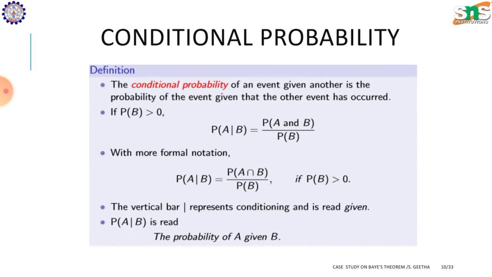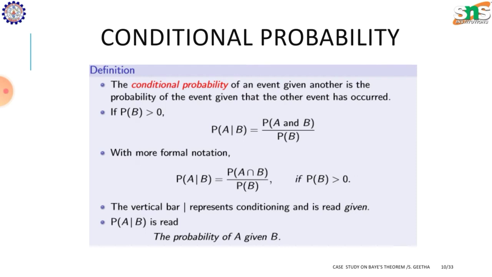Next, conditional probability. The conditional probability of an event given another is the probability of the event given that the other event has occurred. If P of B is greater than 0, P of A given B is equal to P of A intersection B divided by P of B. Here the event B has already occurred.